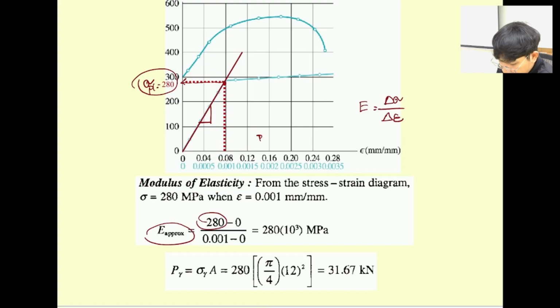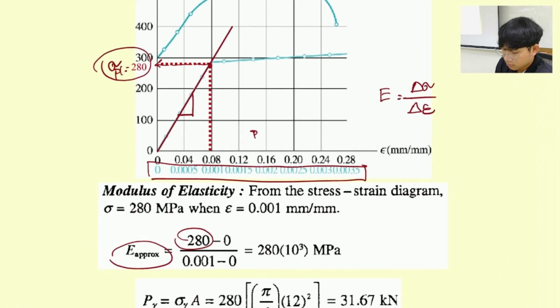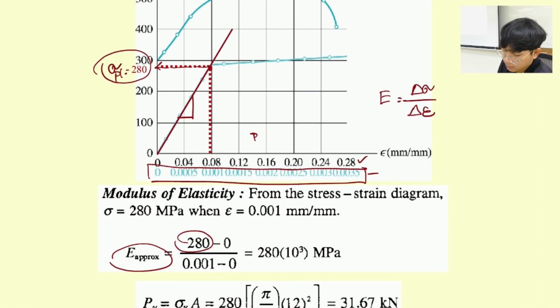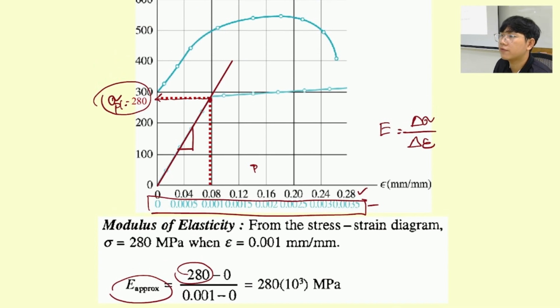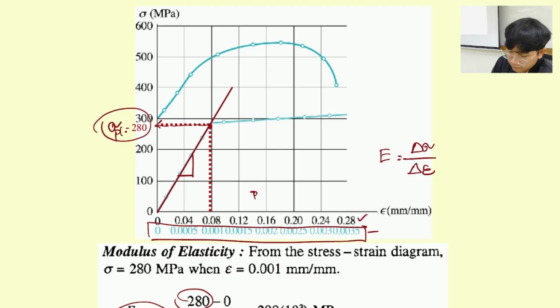So do you know why we read the bottom scale, not the upper scale? Why don't we read the upper scale? You can see we have a black one and then the sky blue one. Because the lower scale is really easy to read the data in the linear region. So they just reduce the scale from the big one.